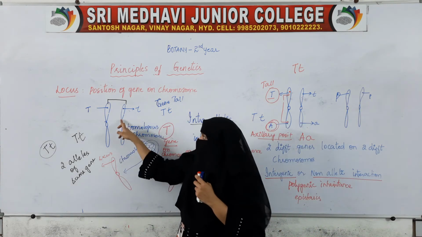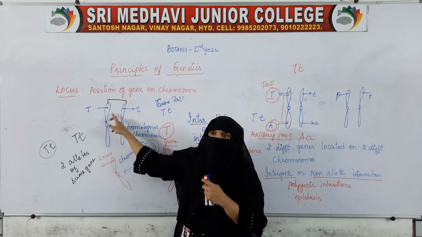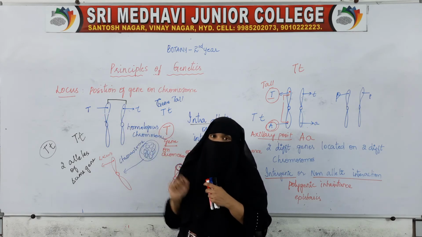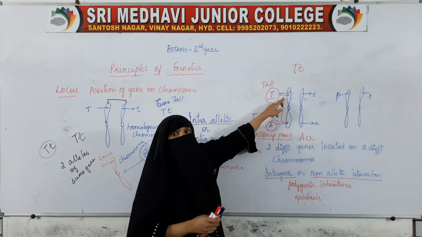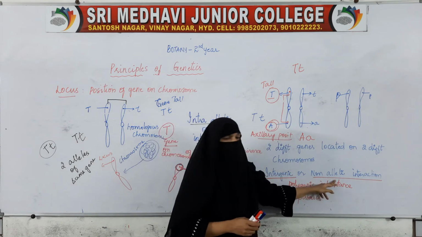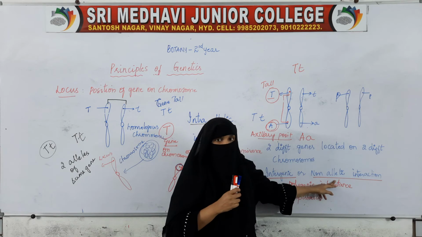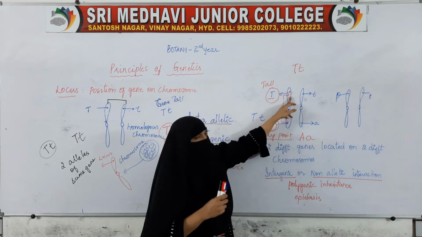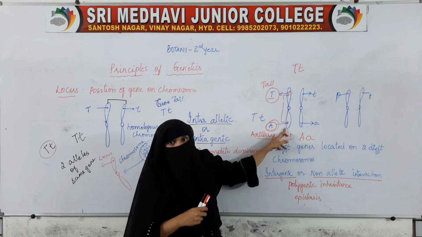Here it was allelic, meaning interaction between two alleles of the same gene. But here there is interaction between alleles of different genes. So that is non-allelic: they are not alleles of the same gene, they are alleles of different genes. This is for the tall gene and this is for axillary position.